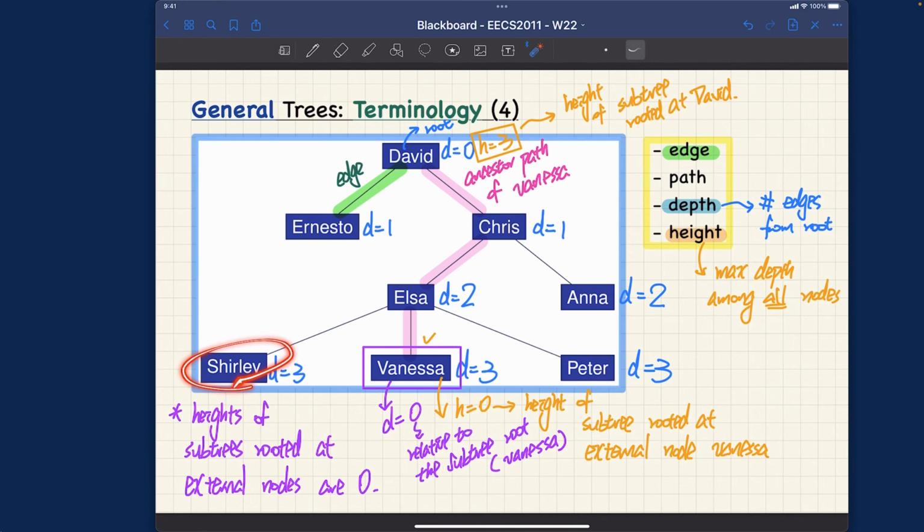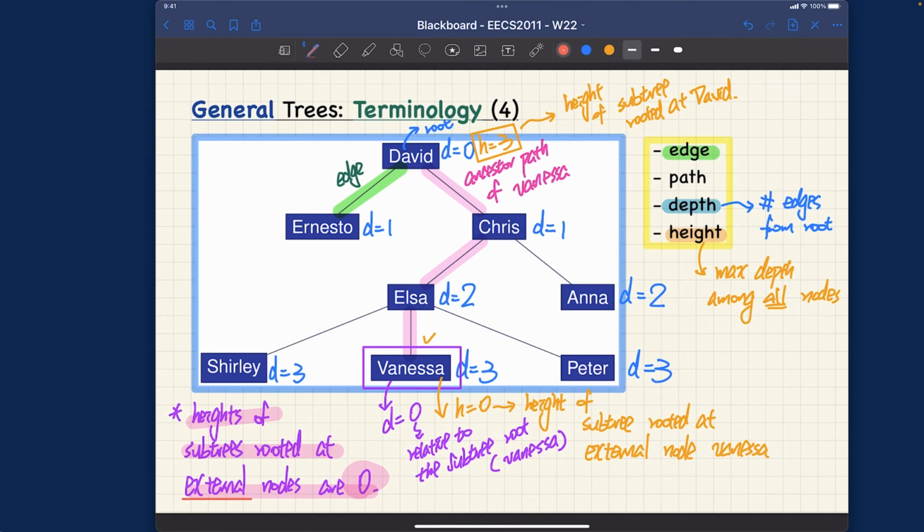So that's why the maximum depth will just be 0 by definition. It's a very important mini conclusion that we are reaching over here. Right? 0. And we talk about external nodes over here. Let's do one more example for the heights.